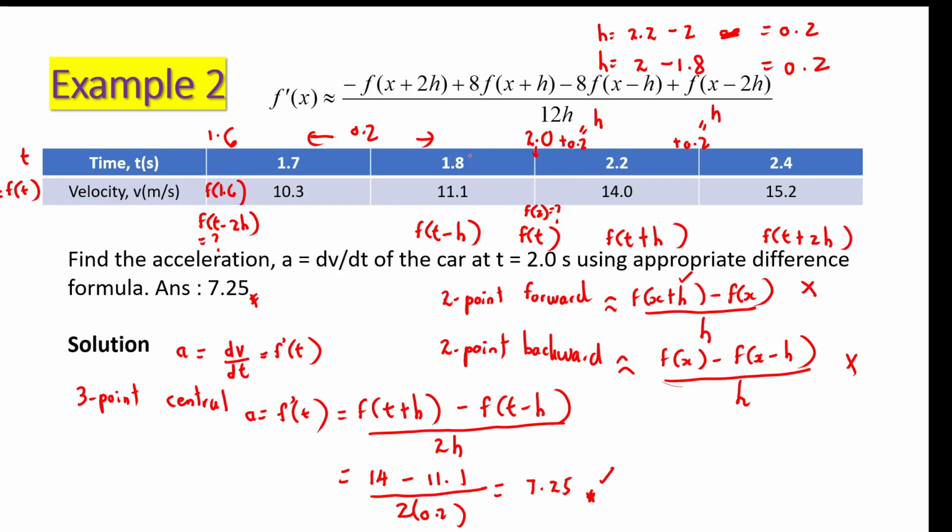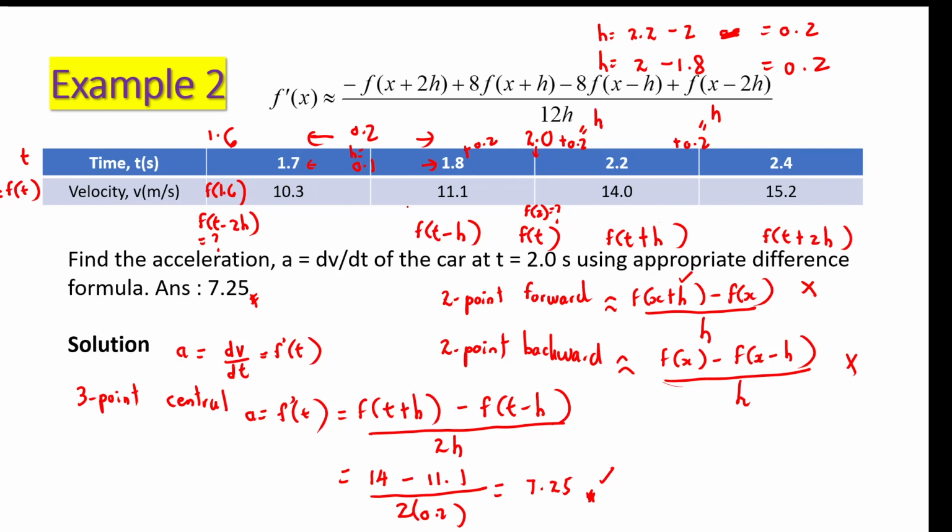This is the h increment. 1.8 increases to 2 by an increment of 0.2. 1.7 to 1.8, what's the increment? 0.1. So this h is 0.1. At t equals 2, this is f(t), and 1.8 is t minus h.